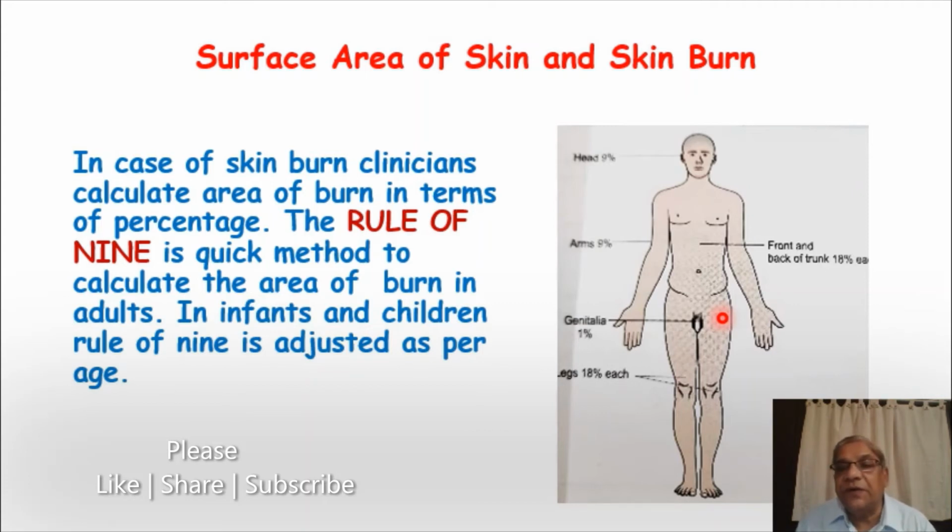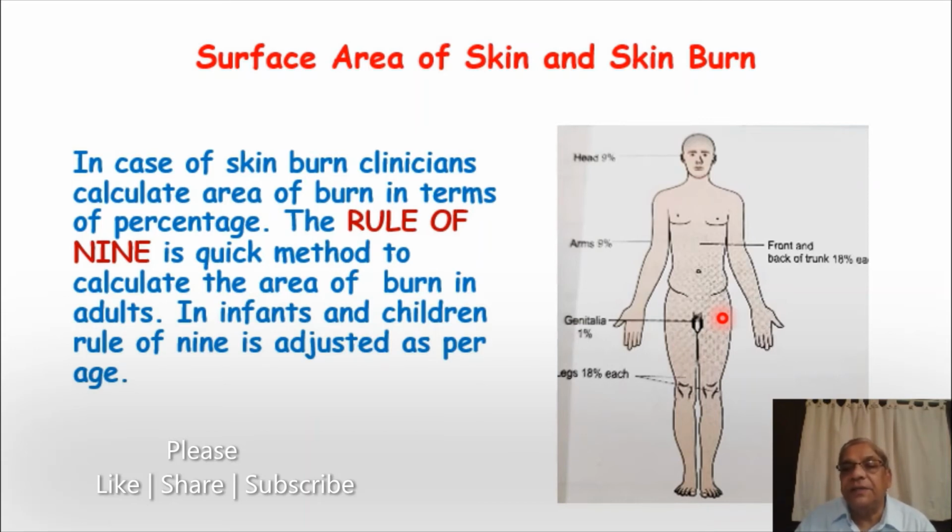If you are calculating for infants and children, then you have to make some adjustment. So this rule of 9 for calculation of the surface area of the skin, especially for burns, is not applicable for infants and children. That you should know. Now let us see what that rule of 9 is.